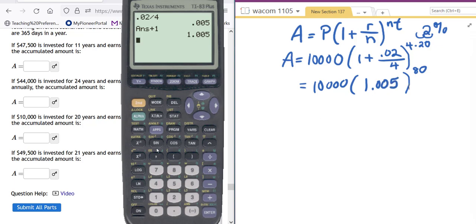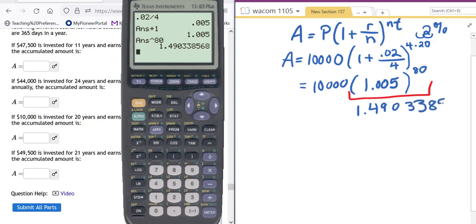Now, I've already done the math for the exponent. So to the 80th power, and I hit enter. Now, I'm going to take that whole answer, which is 1.49033858, and you wouldn't have to write that down, right? And now I'm going to do that whole answer times the 10,000.